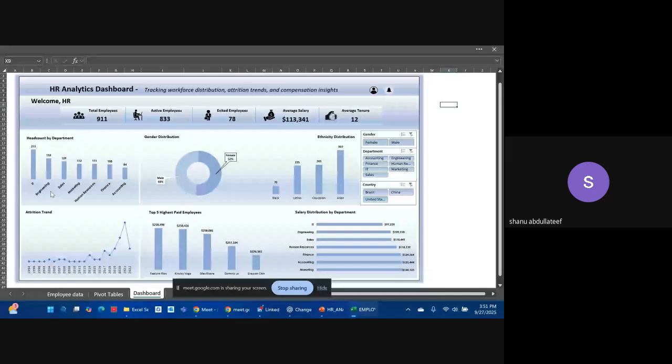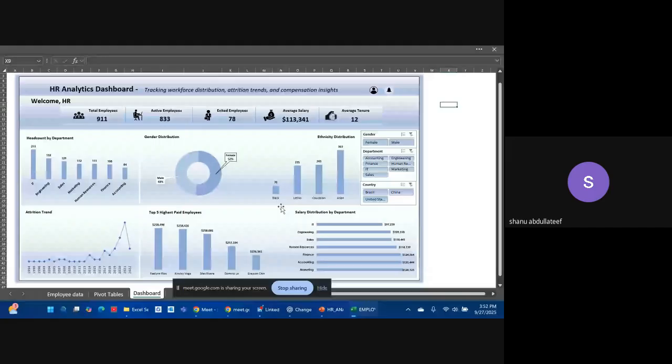Then the accounting department accounts for the smallest workforce, where we have 84 employees. This indicates that the IT and engineering departments are the major backbone of the company in terms of manpower.